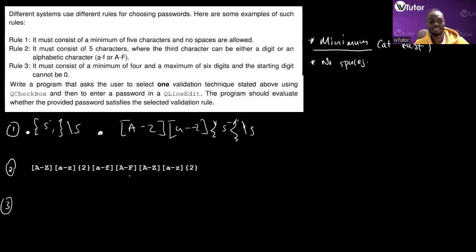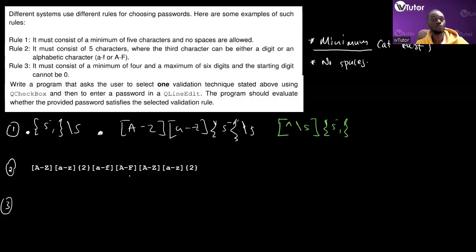So in this case, you are okay to just go with not a space and at least 5. And that's it. As long as it's not a space, you've made at least 5 of those. All right, so that's one way you can do it, okay?